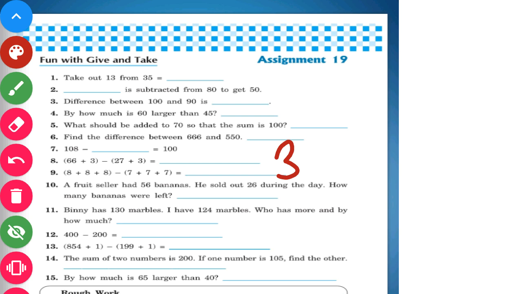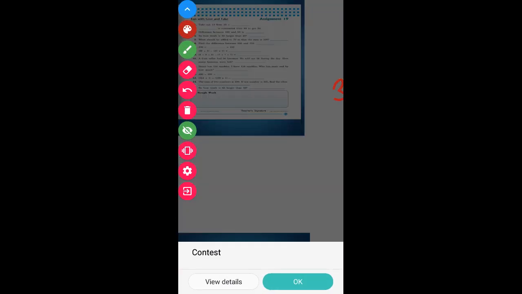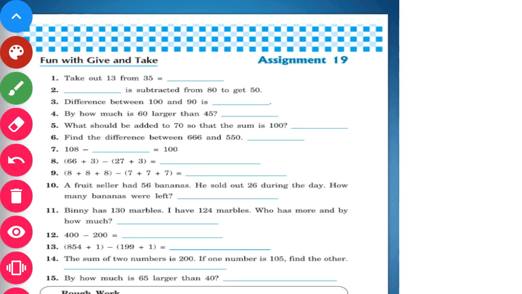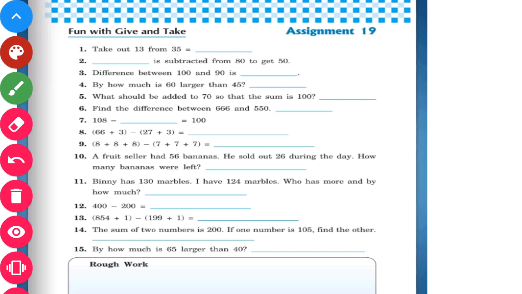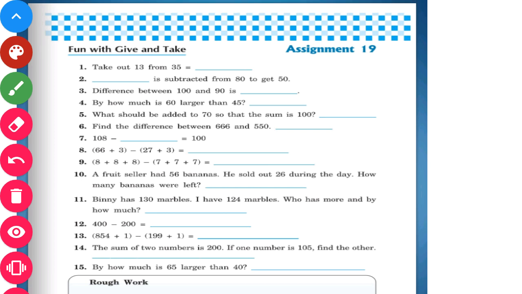Let us do it. Read question number 10. So question number 10 says, a fruit seller had 56 bananas.